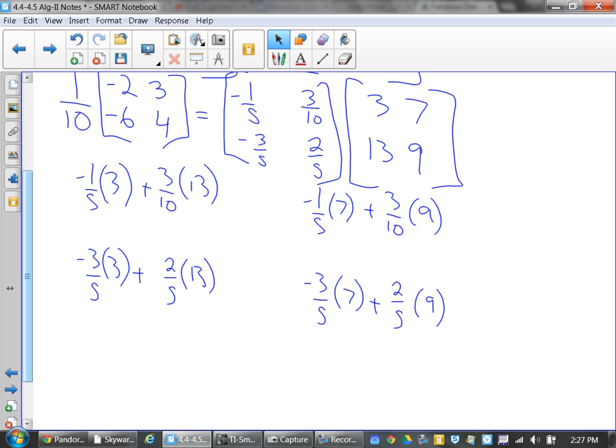So you get -3/5, which is -6/10, and 39/10. So the first one is 33/10. -9/5, and 26 fifths. It's 15 over 5, so it's 3. And that one came out anyway.